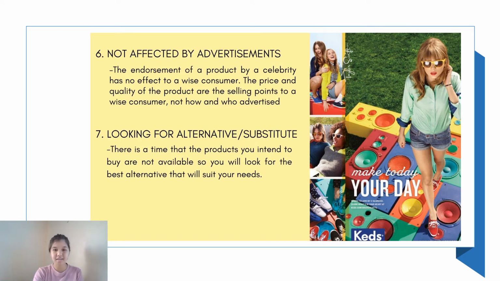Okay, let's proceed to the last characteristic, which is looking for alternative or substitute. So based on your own idea, class, what do you think this characteristic is all about? Okay, very good.